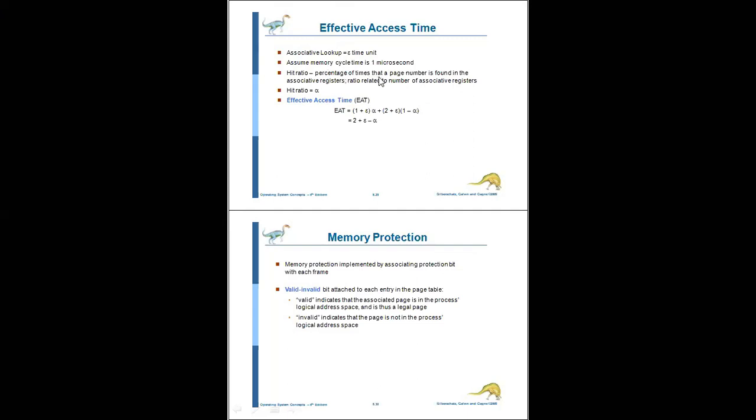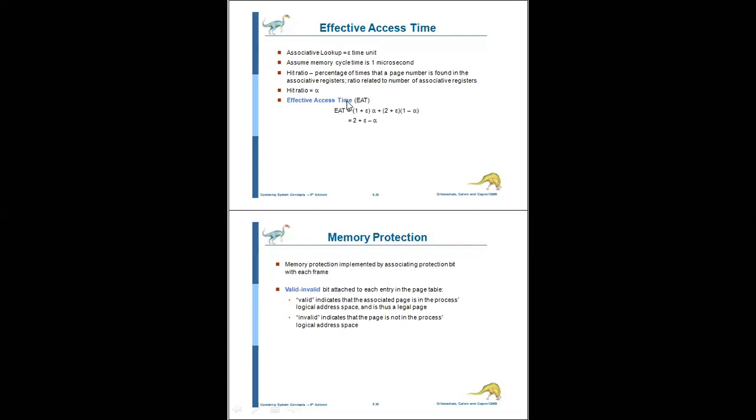The percentage of times that a page number is found in associative registers or TLB is nothing but the hit ratio.